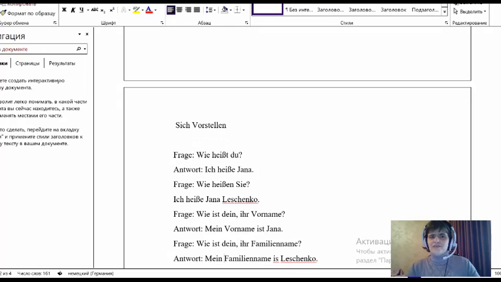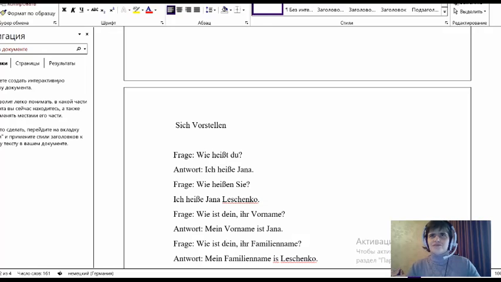And I want to mention it here, and I'll often be mentioning it because this was really hard for me to get used to. You see all of the nouns here. For example, mein Vorname. Vorname is capitalized. Familienname is capitalized. And really, any noun, all of the nouns in the German language, no matter where they are in the sentence, must be capitalized.